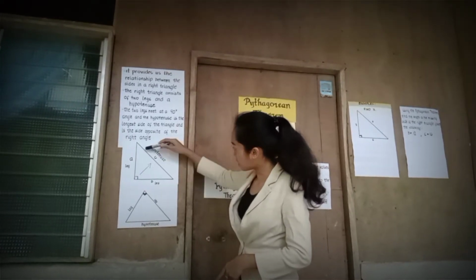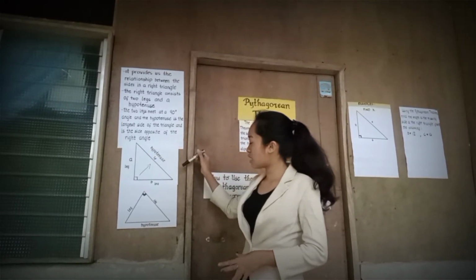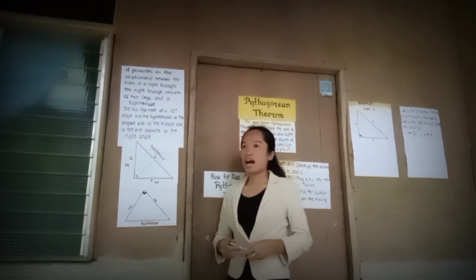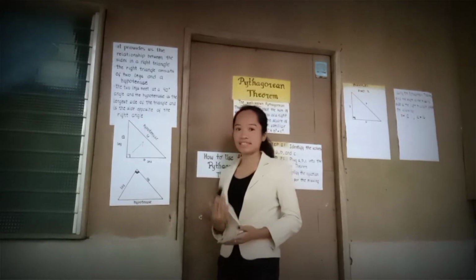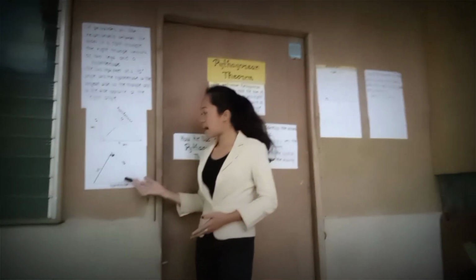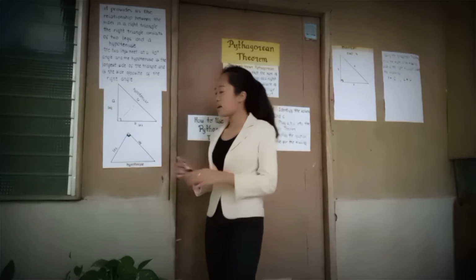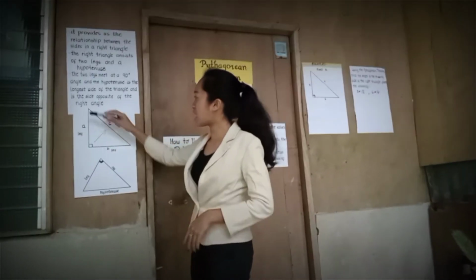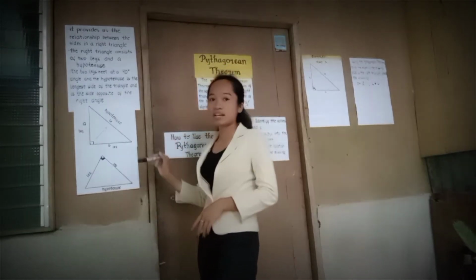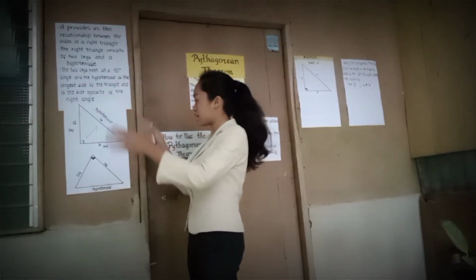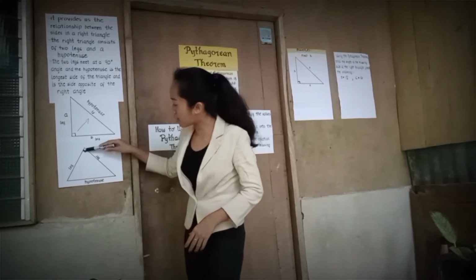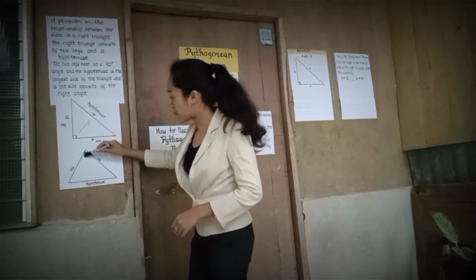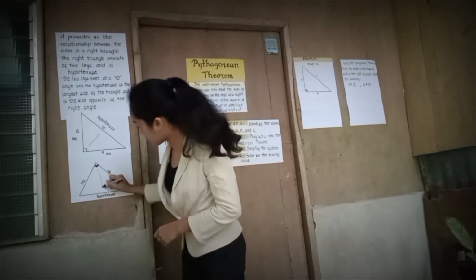We have to bear in mind that the hypotenuse is the longest side, and it is found opposite the right angle. The triangles can be rotated, so consider the form of the triangle. It can be tilted. For example, this one. Here is the right angle, so the hypotenuse is the opposite side, which is this one.